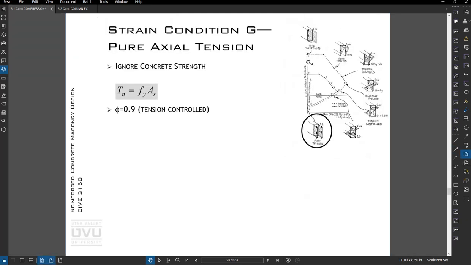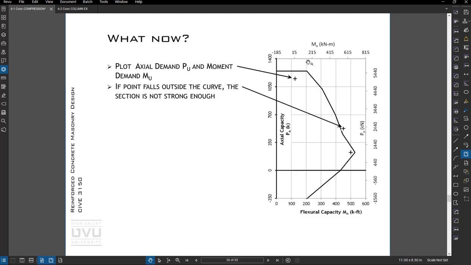So then you say to yourself, well, that's cool. What do we do with it? We're going to plot our axial and moment points based on analysis. If I run 5 load combinations, or in this case 3, and I plot the moment demand and the axial demand as these little plus signs, these two are inside my curve.